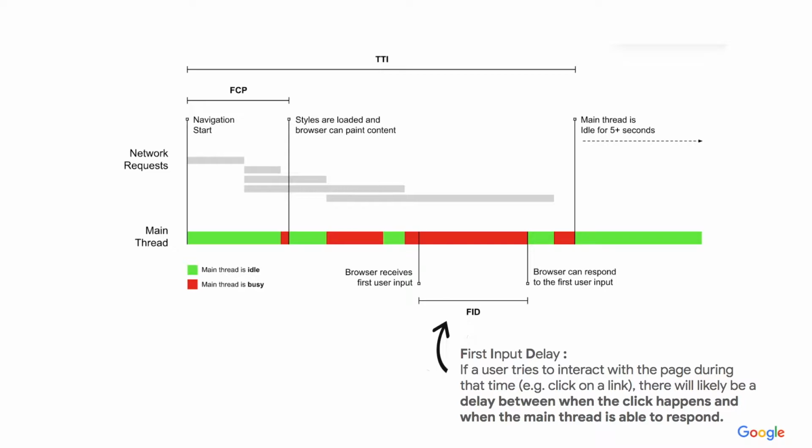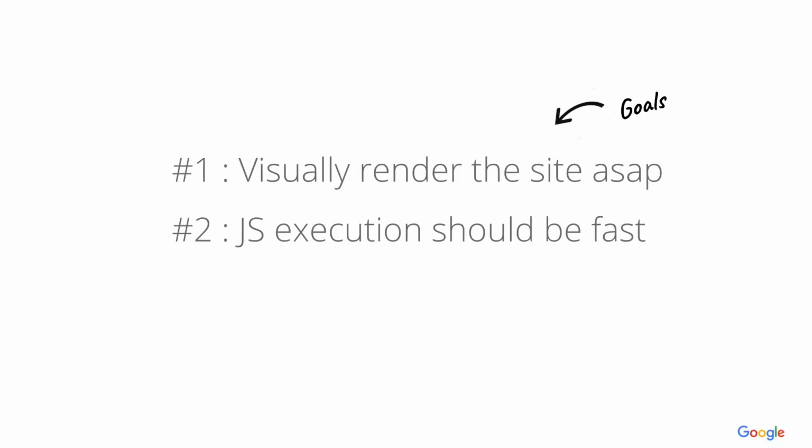If you are doing a lot of calculations on the main thread, and the user tries to click or to scroll, there is a high chance that your app will be super busy and not respond quickly enough. So you will have a high first input delay. So it's important to keep the first input delay as low as possible.